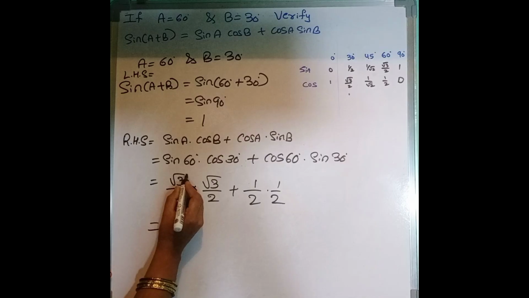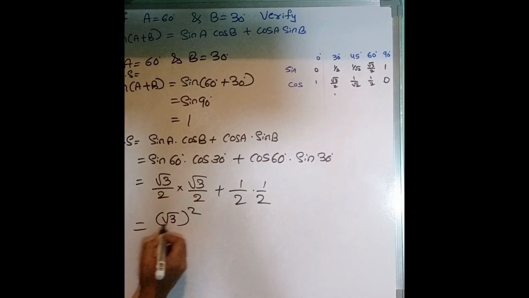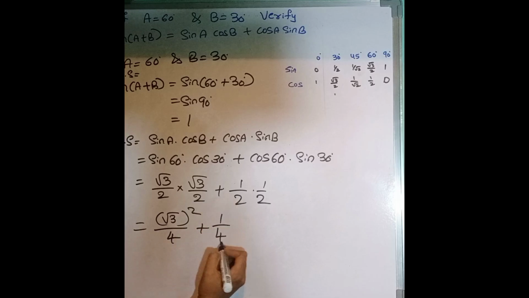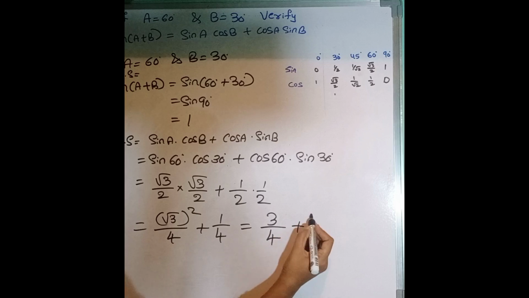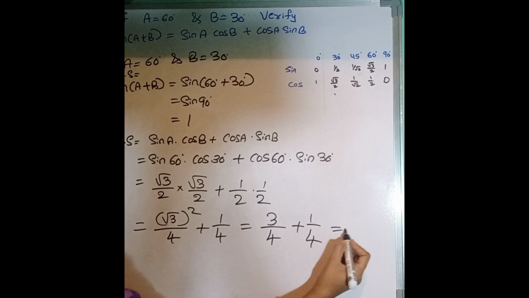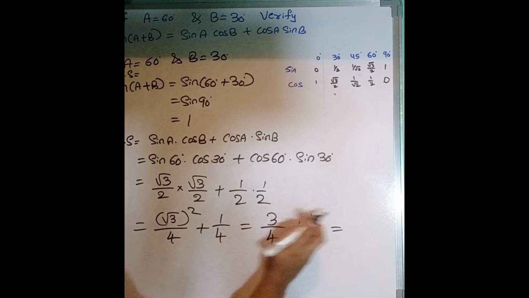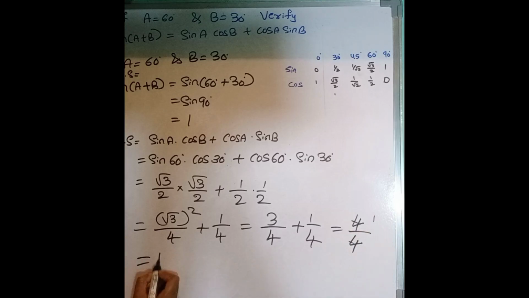Here root 3 into root 3, root 3 squared, divided by 4, plus 1 into 1 is 1, divided by 4. That means root 3 squared is 3 divided by 4 plus 1 divided by 4. If the denominators are the same, the numerators should be added. 3 plus 1 is 4 divided by 4, that means 1.